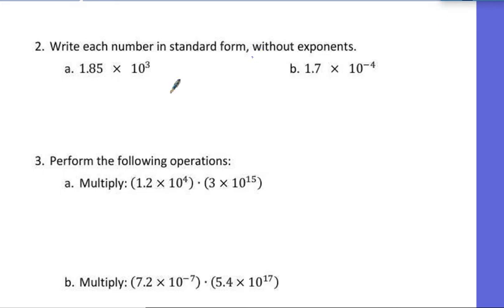In example 2, we're given scientific notation and we need to convert back to standard form. So we have 1.85, which is going to be 185, and we move the decimal 3 places to the right now.